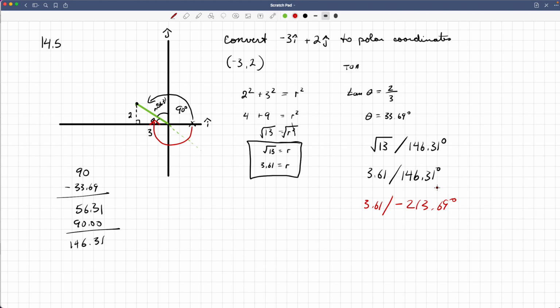When you add those two together, that equals 360. So this plus this gives us a full circle. That would be 360, right? So that's what the negative means. It means we started and we went clockwise instead of counterclockwise, which is the normal sweep of our vector.